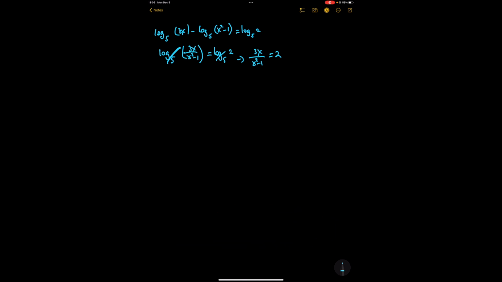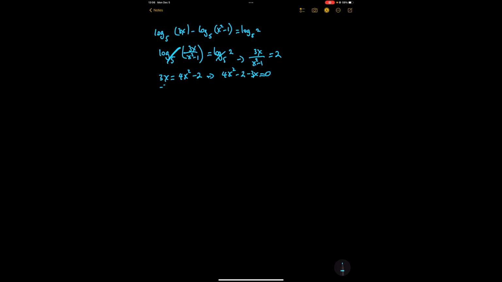So now that means I have 3x equal to 4x squared minus 2. Okay? Which means I can just say 4x squared minus 2 minus 3x equal to 0.